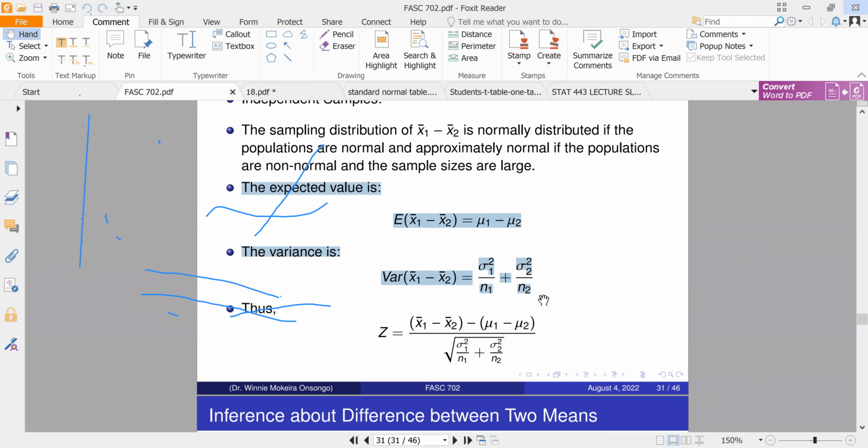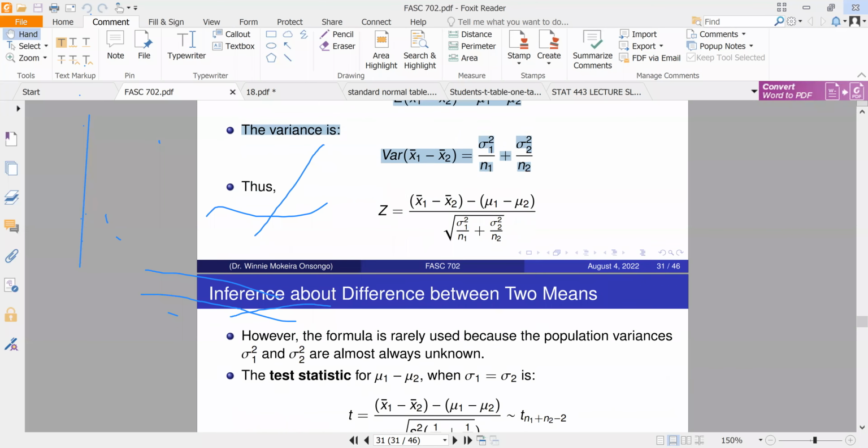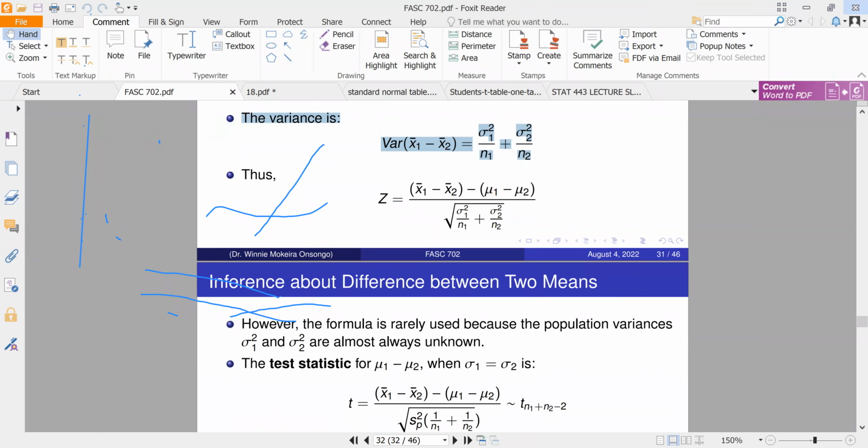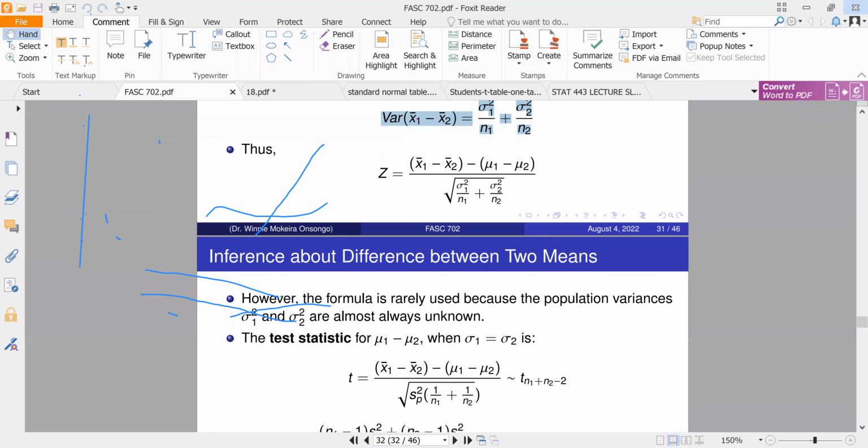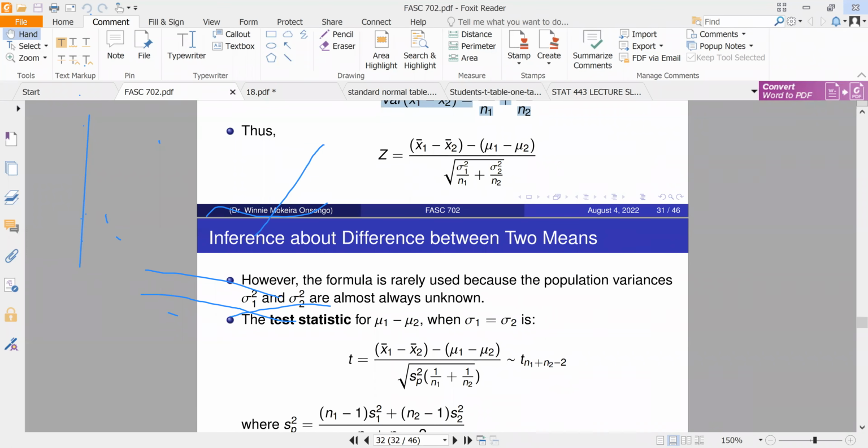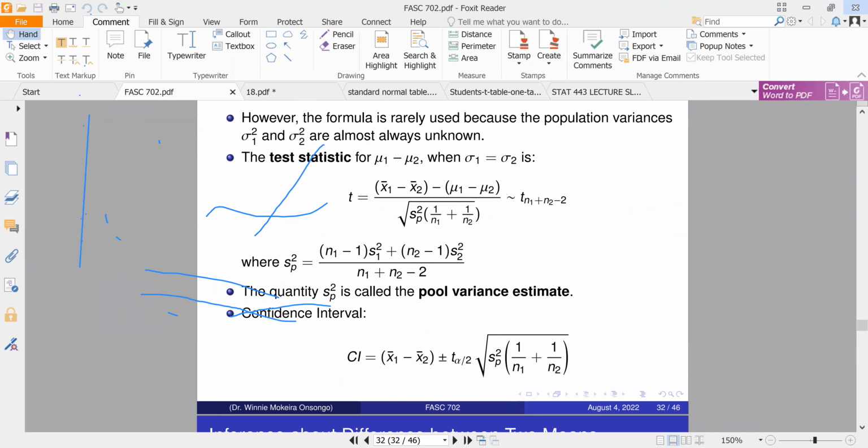These two give us the statistical distribution for this difference of means. And once we know the statistical distribution, you can come up with the necessary test statistic. So this is how we have our test statistic.